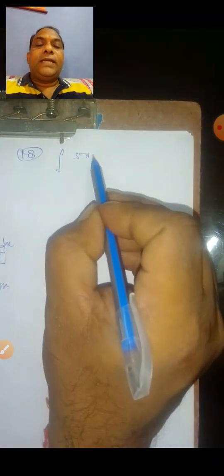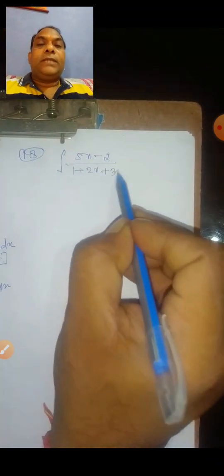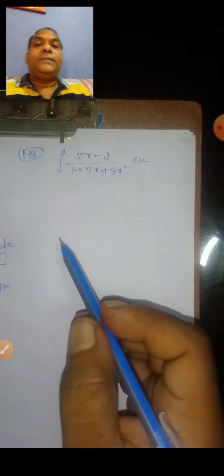Integration of (5x minus 2) upon (1 plus 2x plus 3x square) dx.